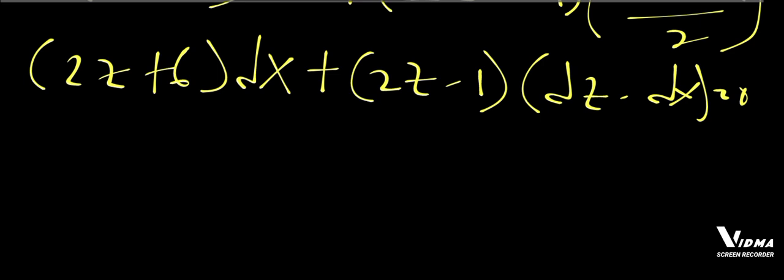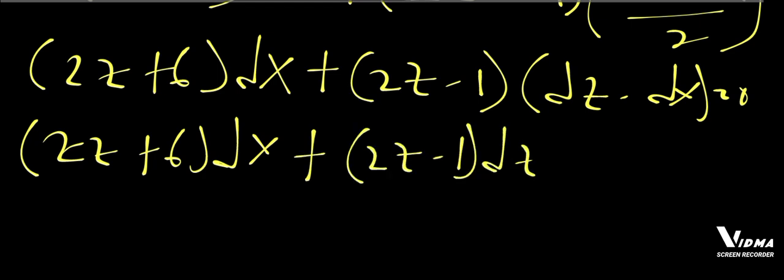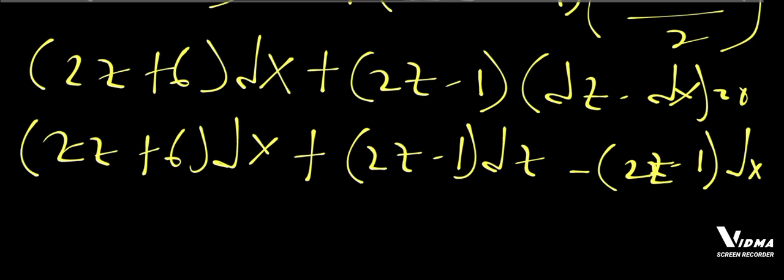Then I can expand it, and I'll have (2z plus 6) dx plus (2z minus 1) dz minus (2z minus 1) dx being equal to 0.